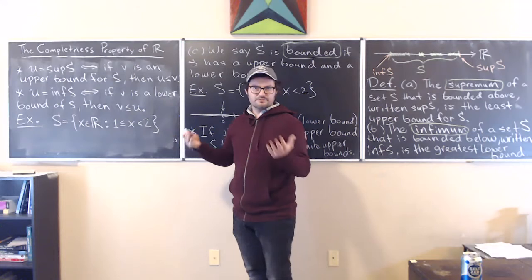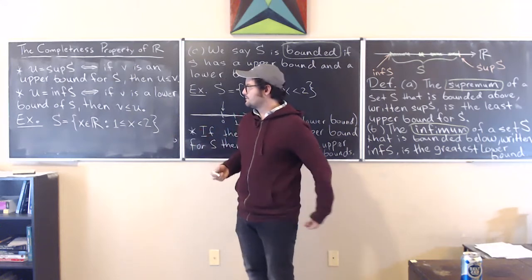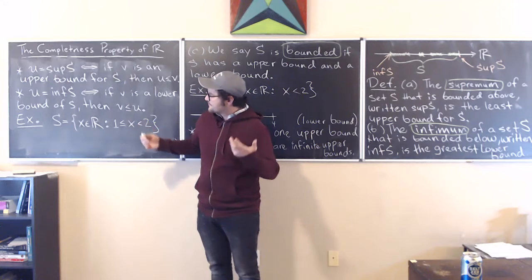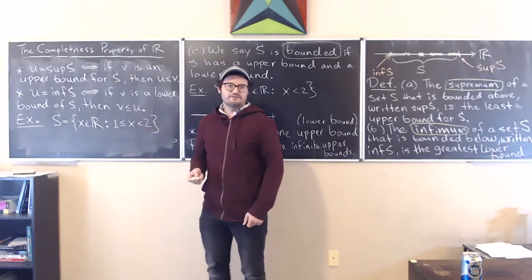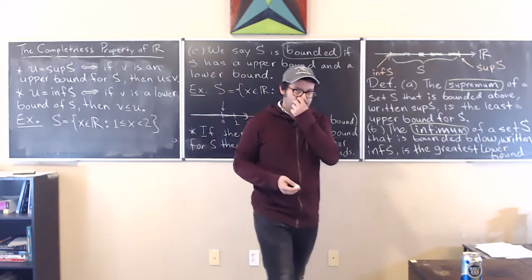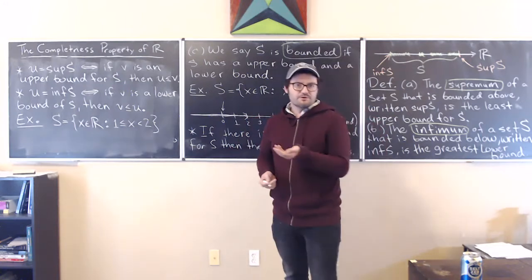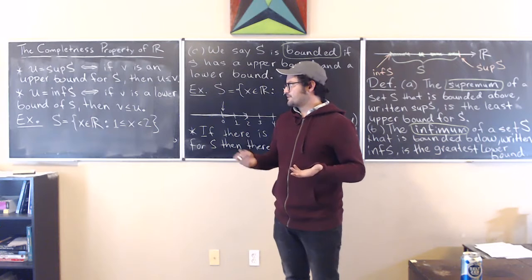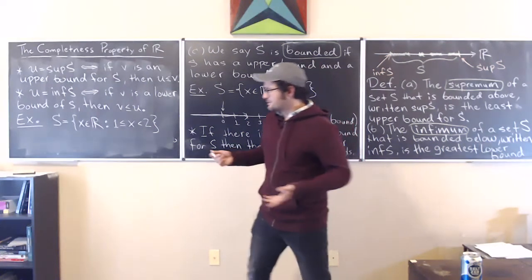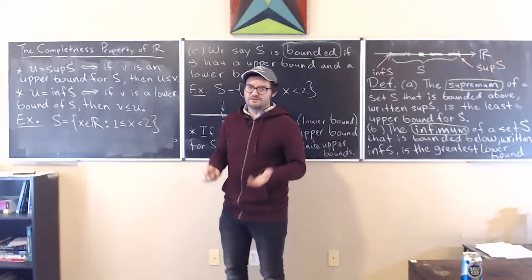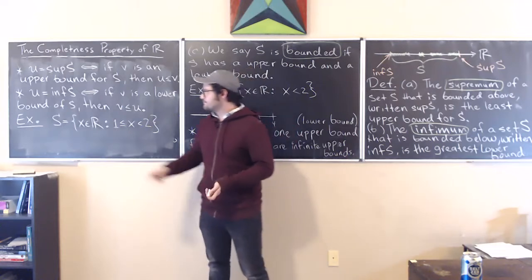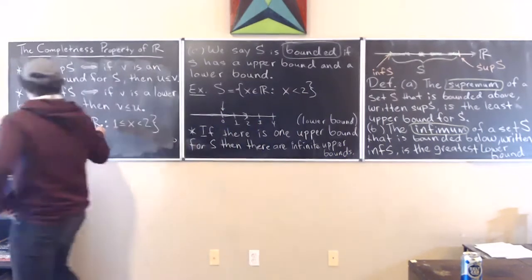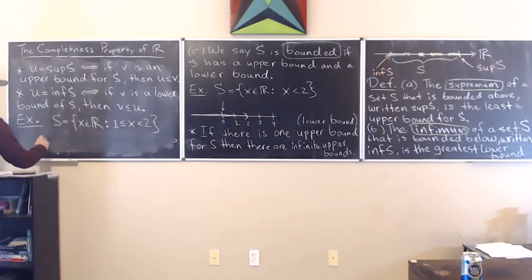This is clearly bounded, right? It's bounded both above and below. So for example, 0 is a lower bound on S, right? But is that the greatest lower bound? No. For example, 1/2 is also a lower bound on S. But is that the greatest? No. You keep on going further and further, you'll see that 1 is the infimum.